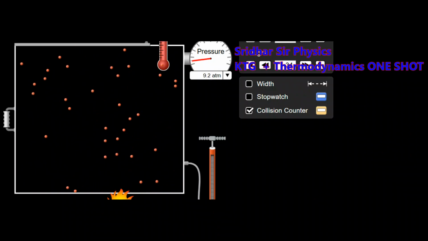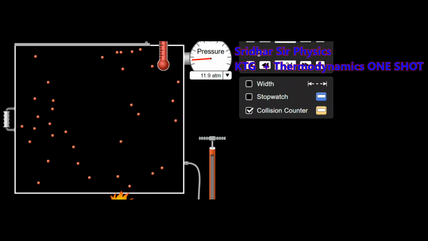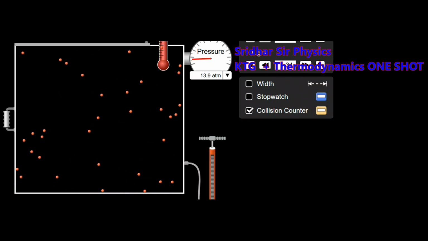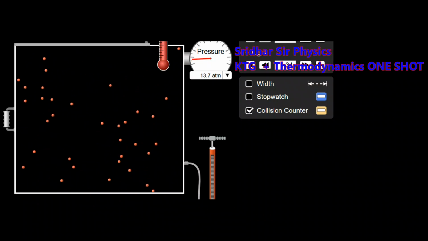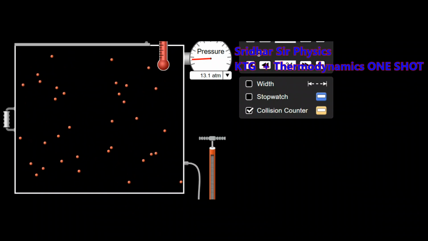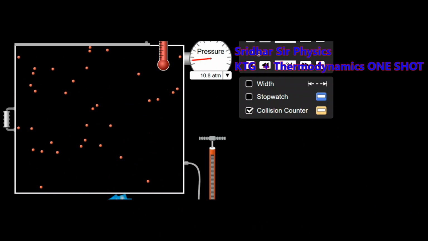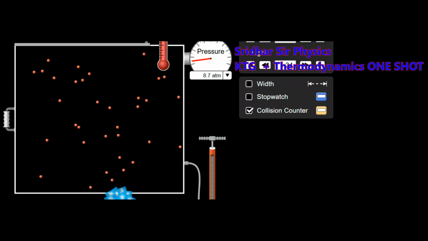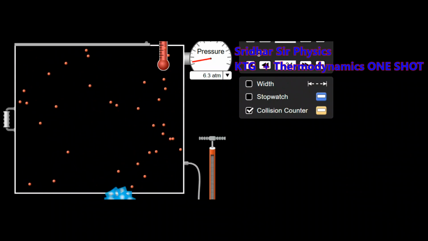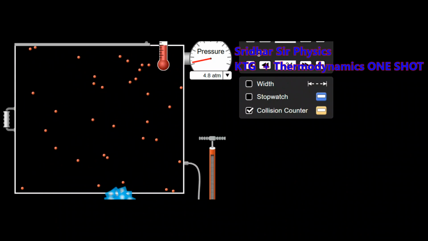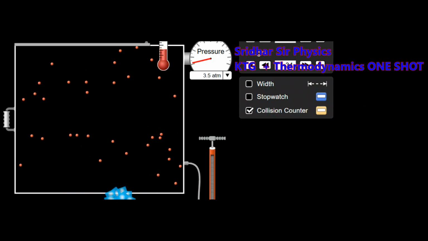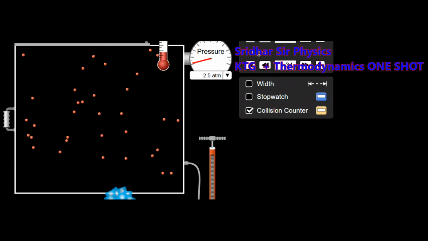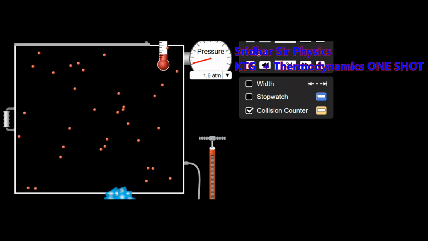They are colliding more rapidly, more collisions taking place. As I decrease temperature, collisions will be less. You can see clearly, the number of collisions will be less.